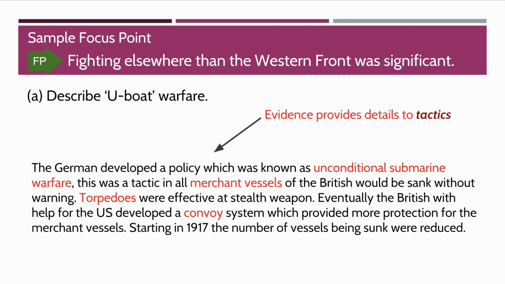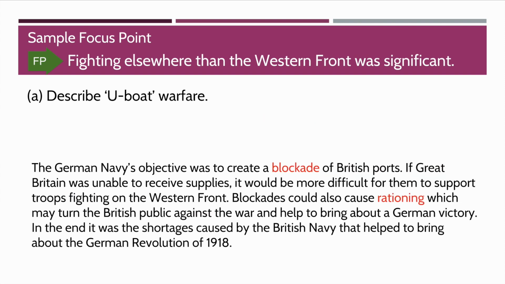Now I have to include a second paragraph because I need to talk about objectives. The German Navy's objective was to create a blockade of British ports. If Great Britain was unable to receive supplies, it would be more difficult for them to support troops fighting on the Western Front.